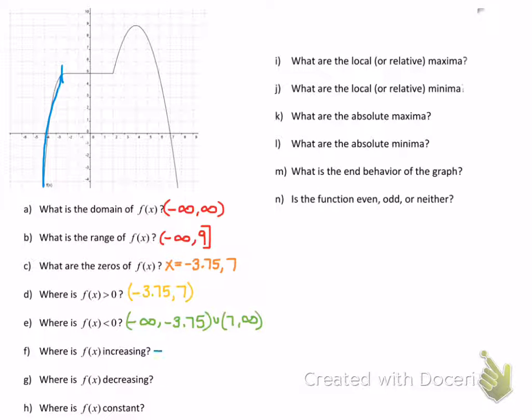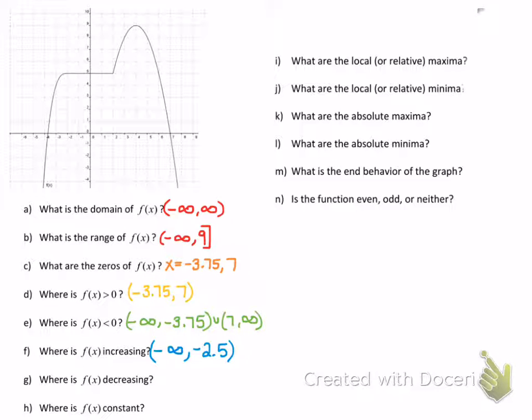So from negative infinity all the way up to, I would say, negative 2.5. And then at negative 2.5, we start having a horizontal line. And this is actually where we are constant. It isn't going up or down.